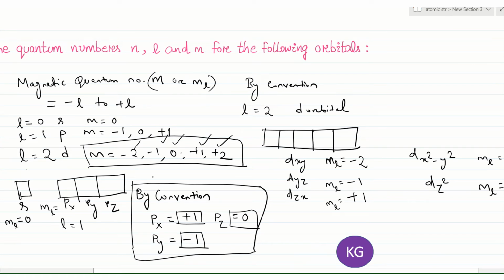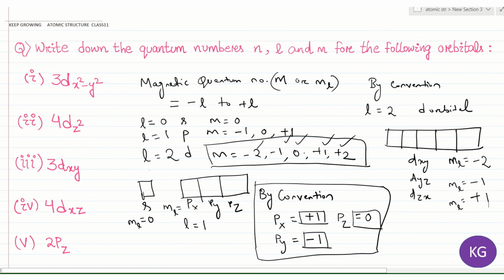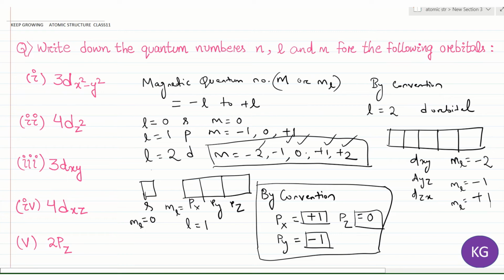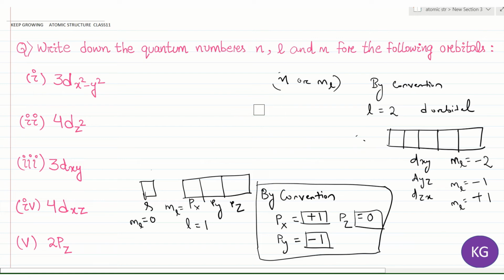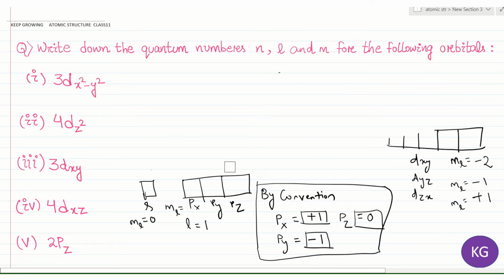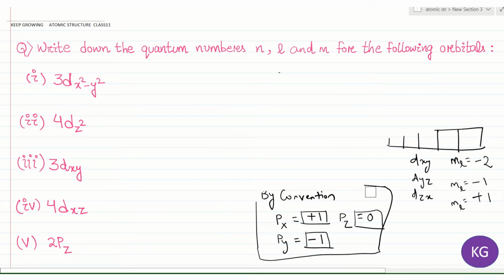Then comes the question. Now we can easily answer it. So first one is 3d x square minus y square. What is the n value for it?